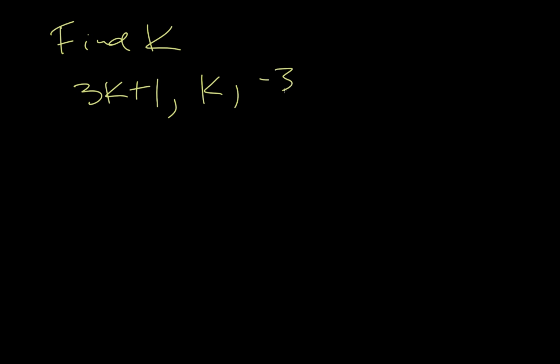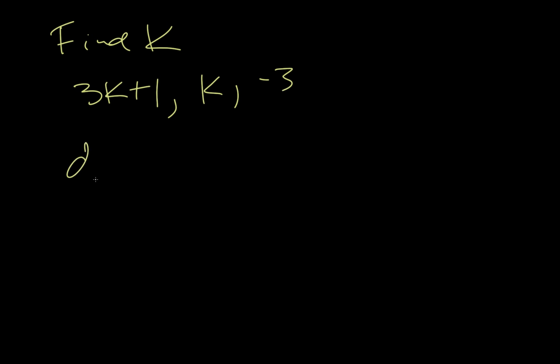And it says find k given that 3k plus 1, k, negative 3 are consecutive terms of an arithmetic sequence. Okay. So we're going to have to go back to the idea of d.